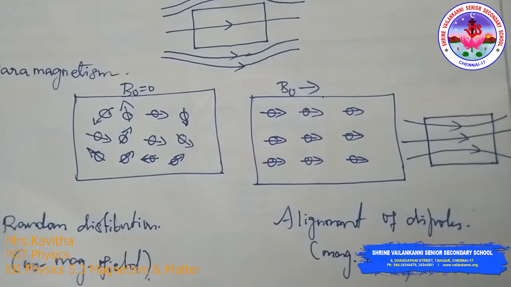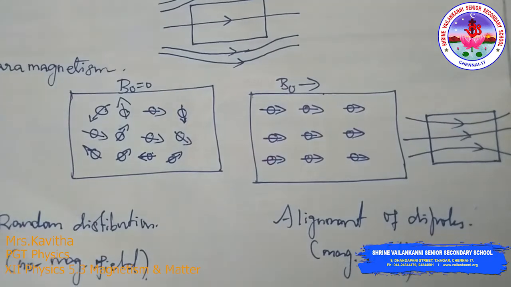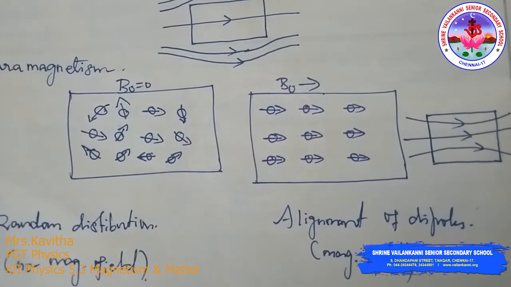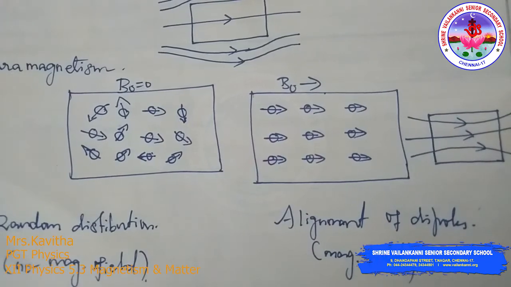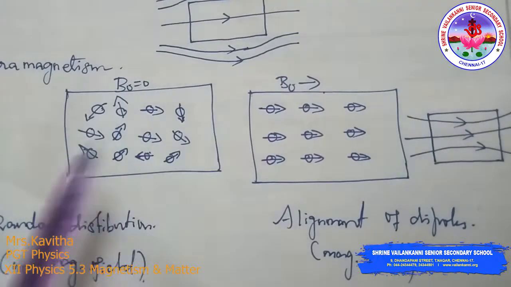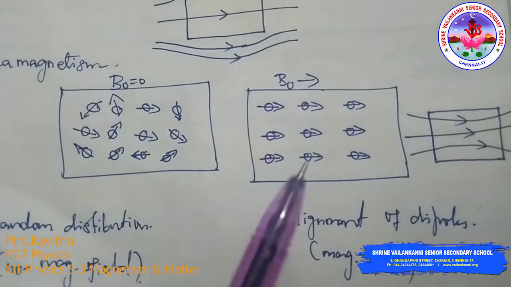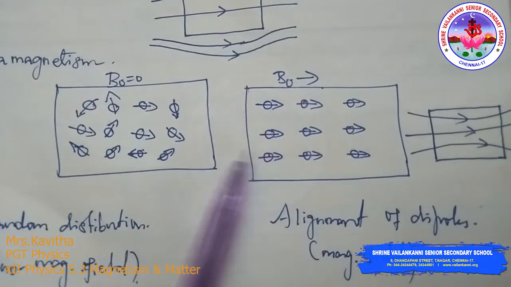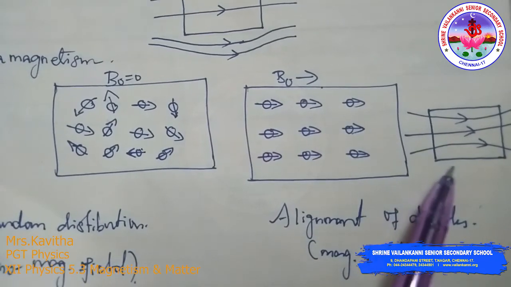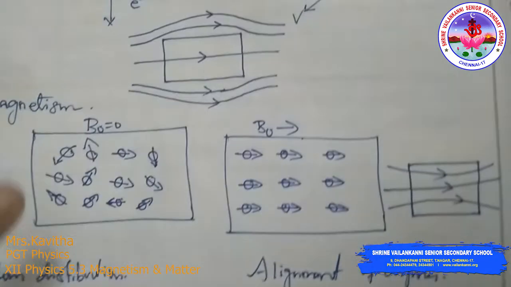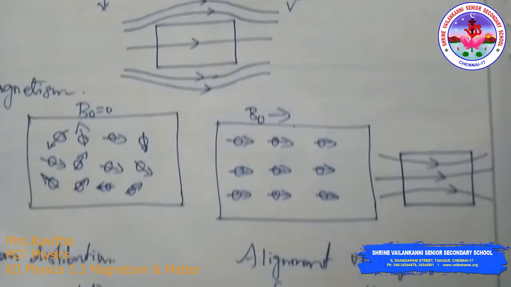At very high magnetic fields or at very low temperatures, the magnetization approaches the saturation value. Here there is random motion when there is no magnetic field. From weaker to stronger it moves in the same direction. This is the magnetic field line pattern for this, and that one is for the diamagnetic pattern.